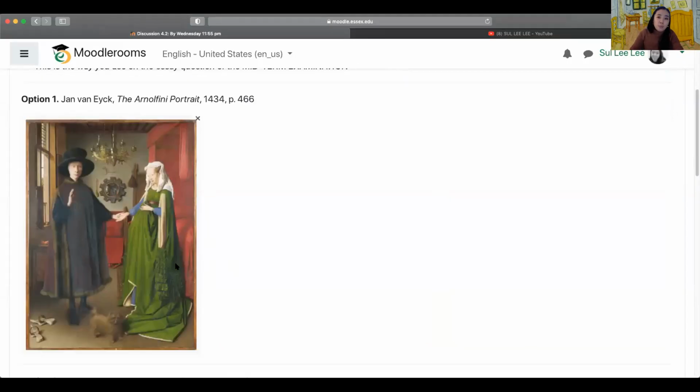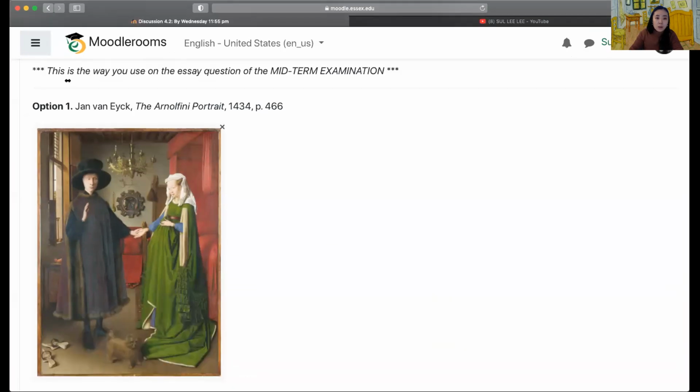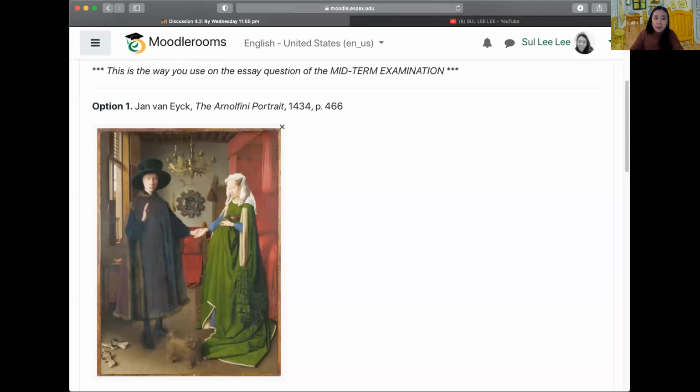For example, let's see this Jan van Eyck painting. I can see he's using one-point perspective, the linear perspective, in this painting, so all the lines go to the center. I'm sorry, I think that the line is wrong.